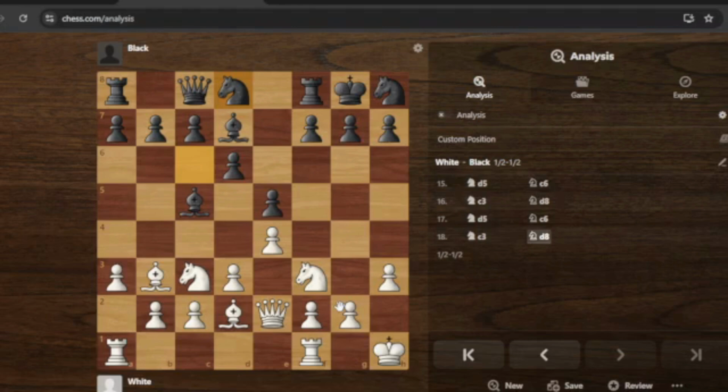It has to be in the same position every time. So yeah, it is only when the same position comes 3 times that it's a draw. It's only this much. So now on to the next draw.